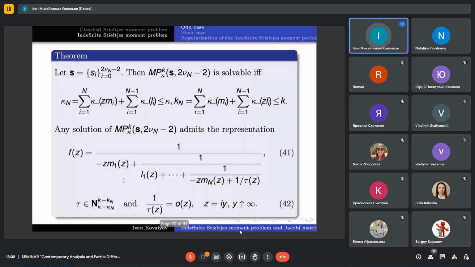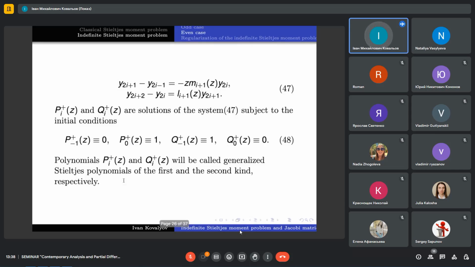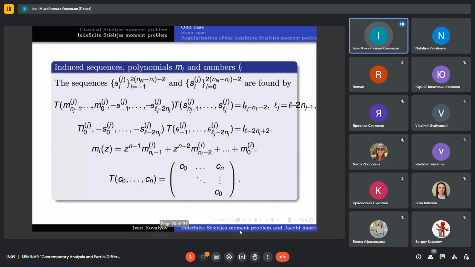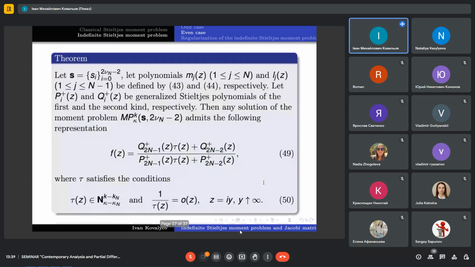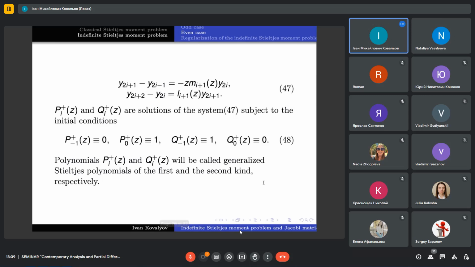In the first place, the system is solvable because we have representation 45. This representation, this fraction, is associated with the system 47.